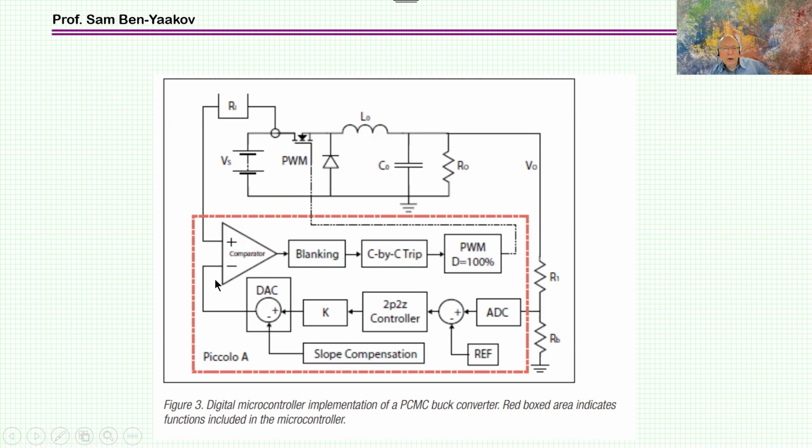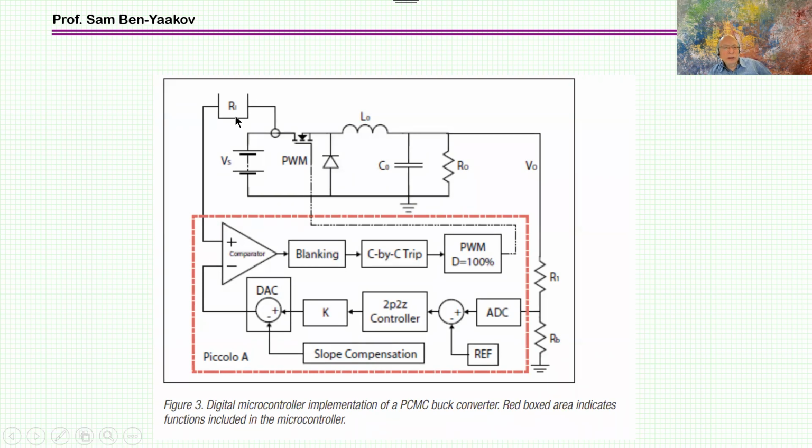Why is it in analog? Because to do it in a digital way, you have to sample the current at a very high sampling rate, because you have to hit the instant that it reaches the peak value. So if it's a 100 kilohertz switching, you have to sample it maybe at 1 megahertz or even higher to make sure you're not missing the peak.